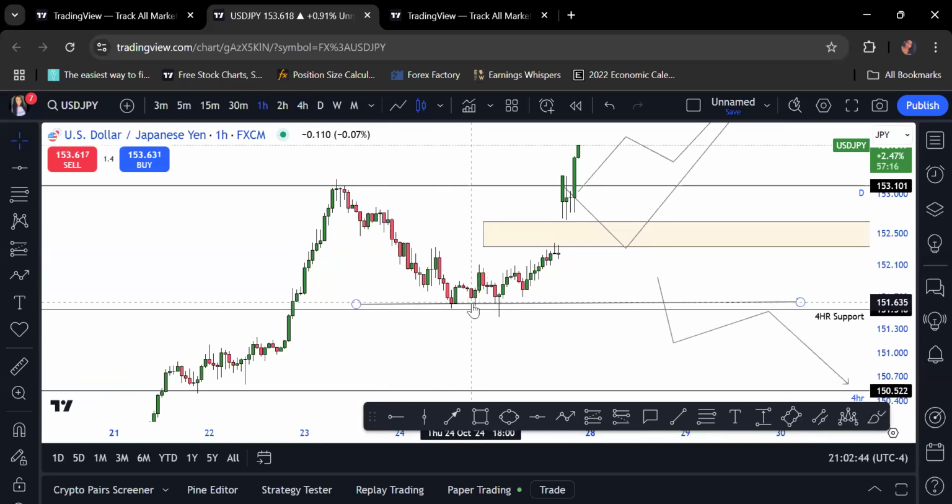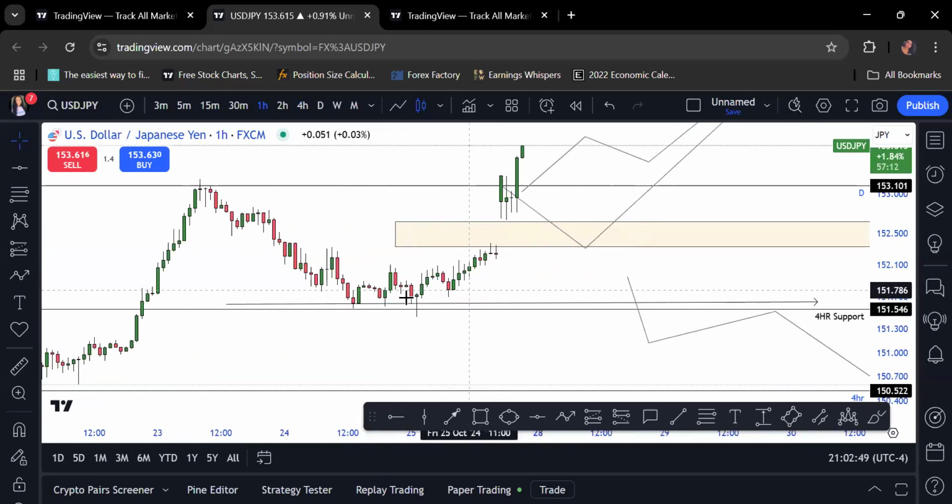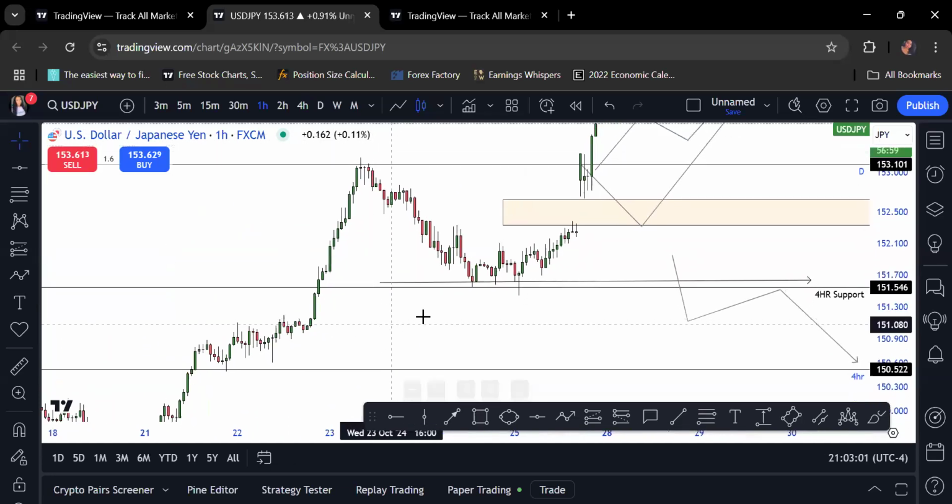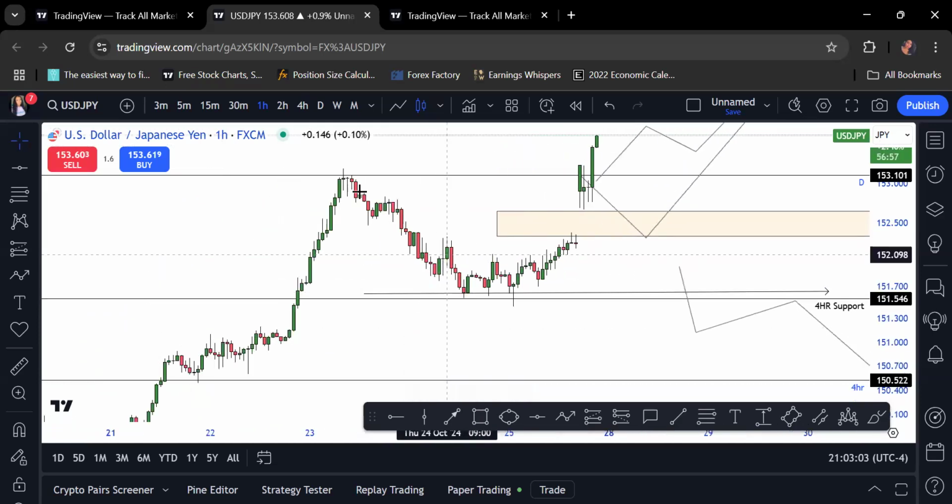We had rejection at the bottom with these wicks, and then this nice, to me, I'm gonna call it a hammer. And what did I say? I love to see hammers at supports. If you guys study just that, you'll be mind blown by how many times it occurs.